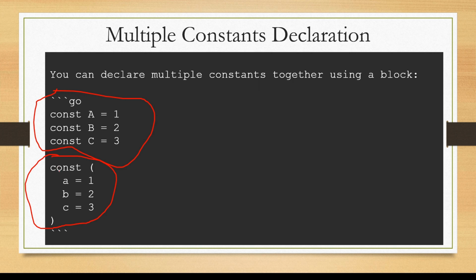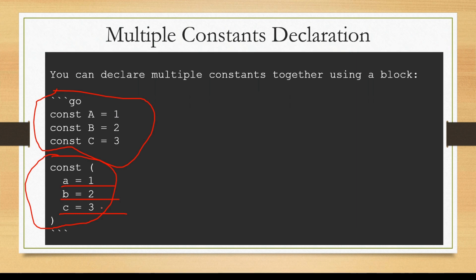So here we have a, b, and c that hold the values 1, 2, and 3. This looks neater and it is especially useful when you are defining a bunch of related constants, for example error codes, user roles, days of the week, whatever.